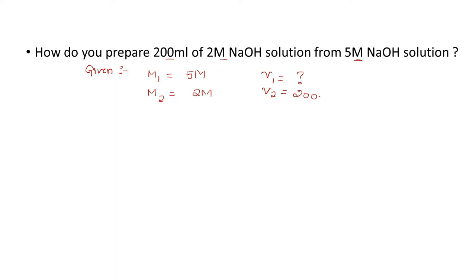So it is 200 ml. M1 V1 is equal to M2 V2. Insert all the units. 5 molar into, we don't know what is V1. M2 is 2 molar. V2 is 200 ml. Now just calculate the values.